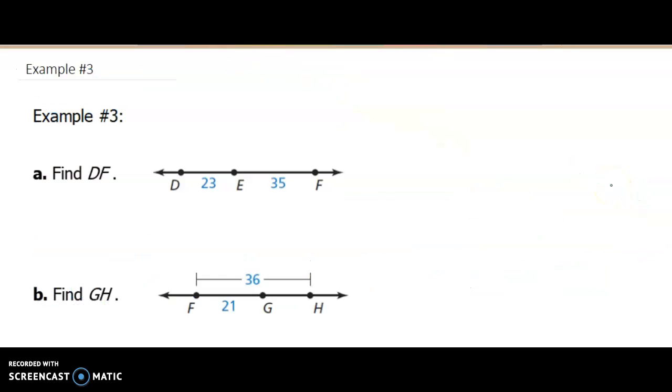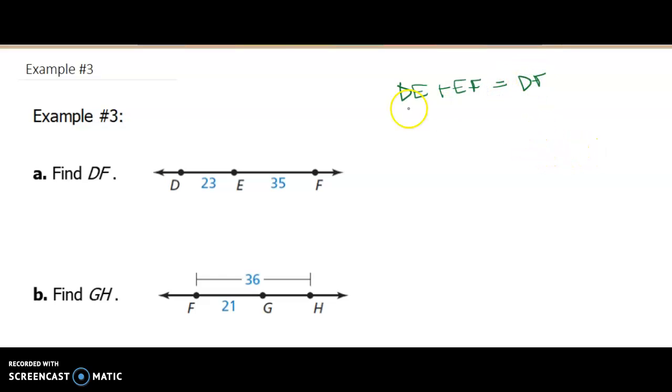All right, let's do an example now. We have this line here, and we have three collinear points, D, E, and F. Because E is between D and F, that means DE plus EF is going to equal DF.